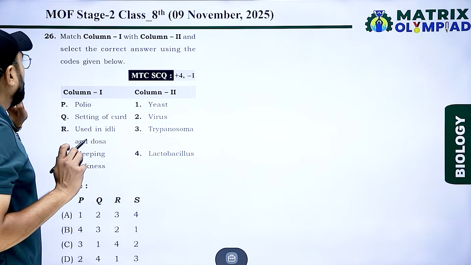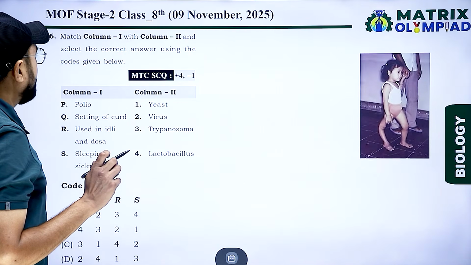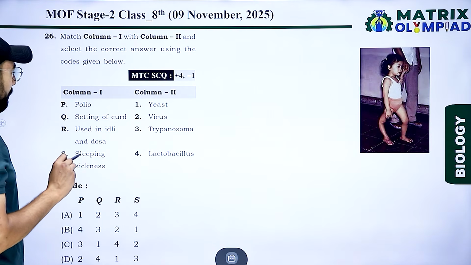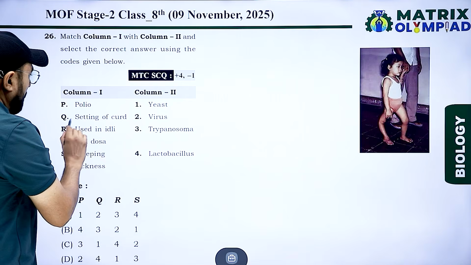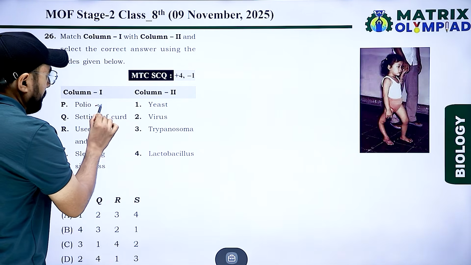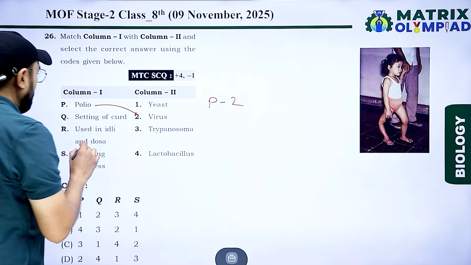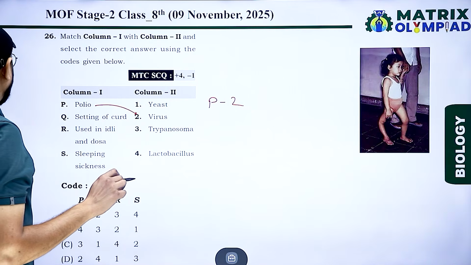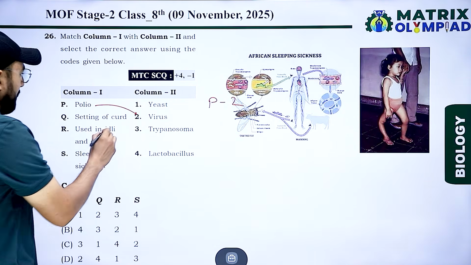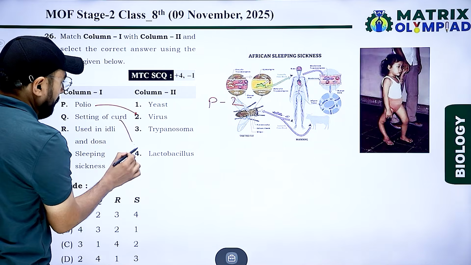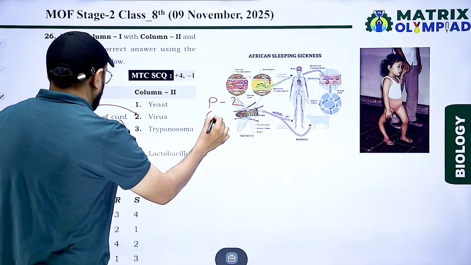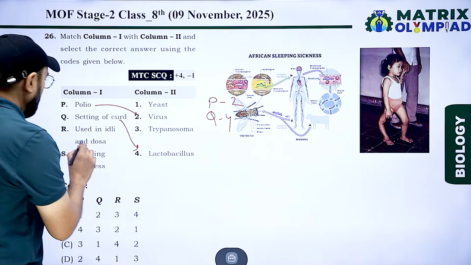Next, match column first and second. Polio relates to virus, so P is 2. Setting of curd relates to lactobacillus, Q is 4.